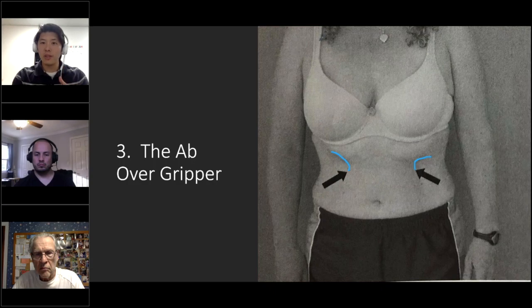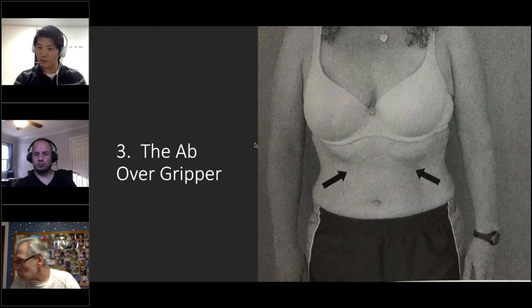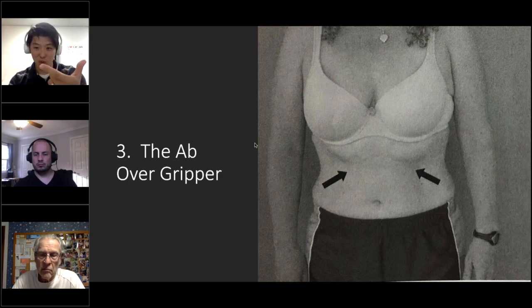What that means for me, or Danny as well, is that when this individual does any kind of planks or ab exercise, they would primarily feel their six-pack abs or eight-pack abs, whatever you have. So if you're always feeling the six-pack abs, and you still feel low back issues, hip issues, or pelvic floor issues, there's a very good chance that you overgrip with your six-pack abs.